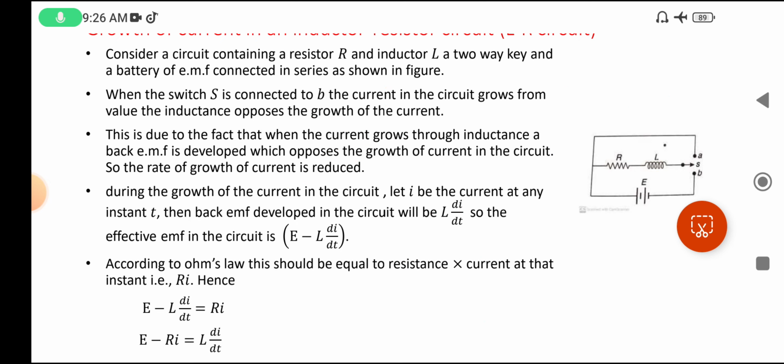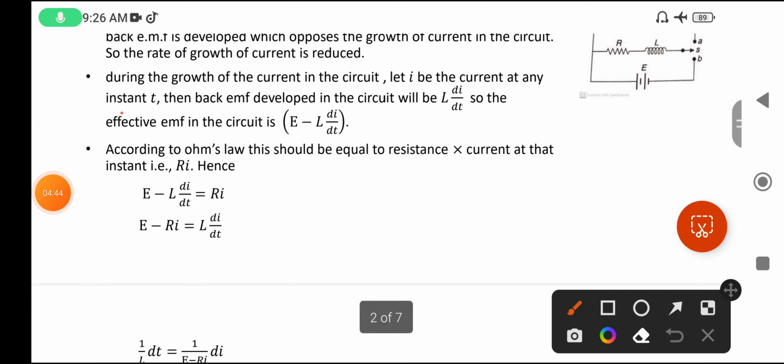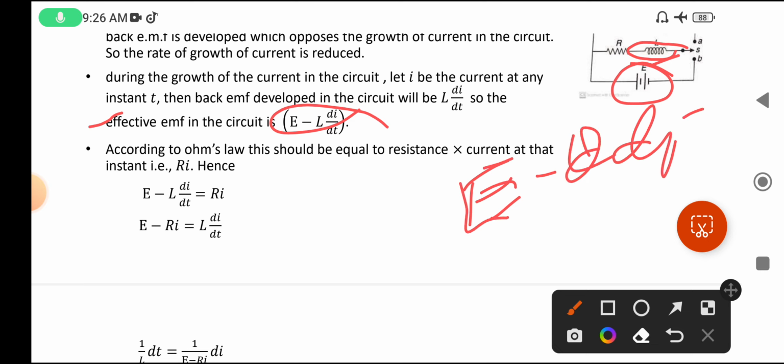Okay friends, right. Next, the effective EMF in the circuit will be... effective means the total EMF of the battery is E, and some amount of EMF will be developed across the inductor, then the remaining is E minus L into di by dt.